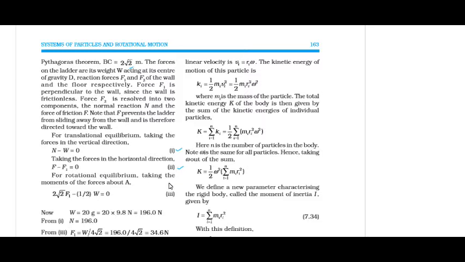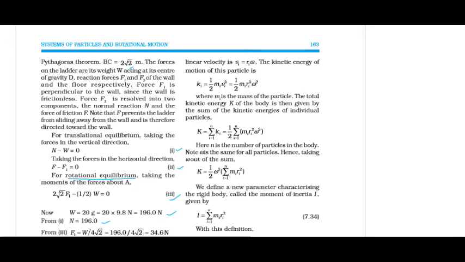For rotational equilibrium, we take the moments of force about A. Just now we found the value of weight. From equation 1, since W is equal to N, the value of N is also the same.